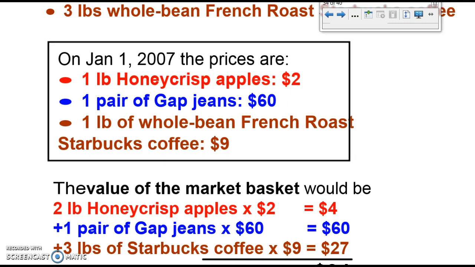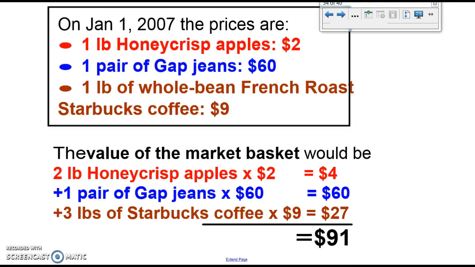So the Bureau of Labor Statistics would research and find out what the price is, say January 1st, 2007, and then it would say, okay, we've put 2 pounds of apples in the basket, so we've got $4 worth of apples and $60 worth of jeans and $27 worth of coffee. So you can see, if we scroll all the way down, that the total cost of the market basket on January 1st, 2007 is $91. Okay, so that's the actual value of the market basket in that year.